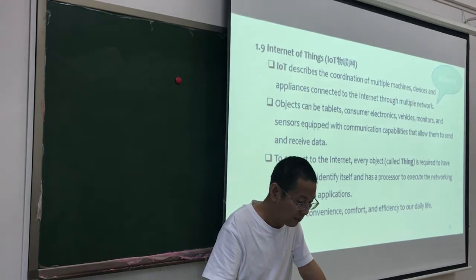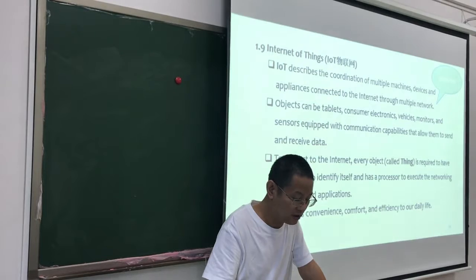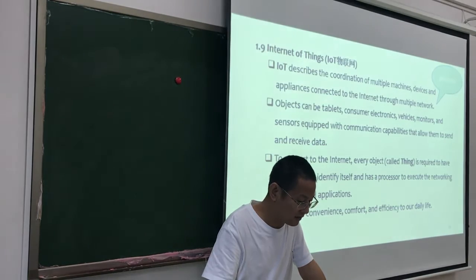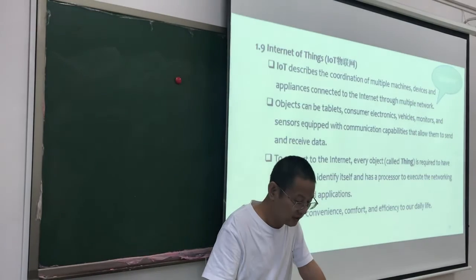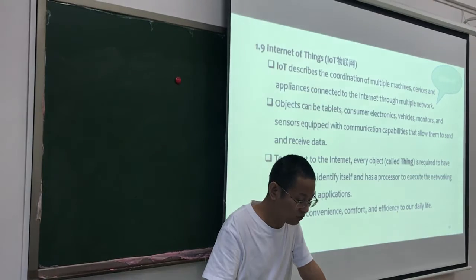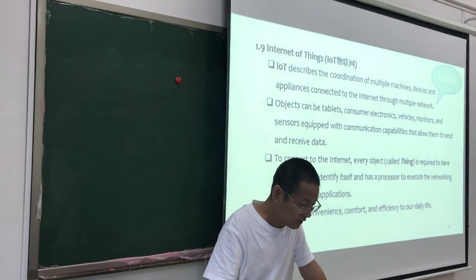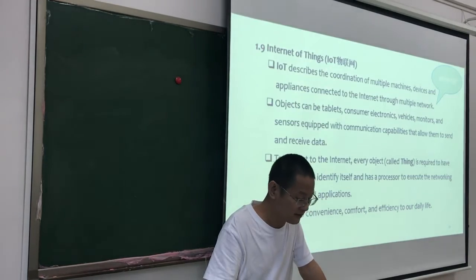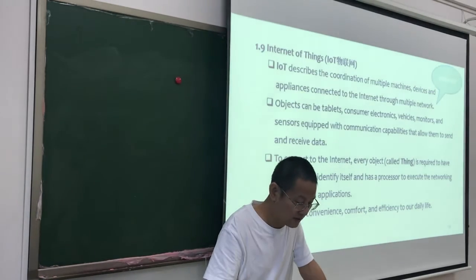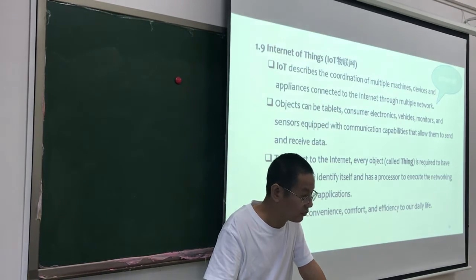Objects can be tablets, consumer electronics, vehicles, monitors, and sensors equipped with a communication capability that allows them to send and receive data. To connect to the internet, every object is required to have an address to identify itself and a processor to execute the networking protocols and applications.